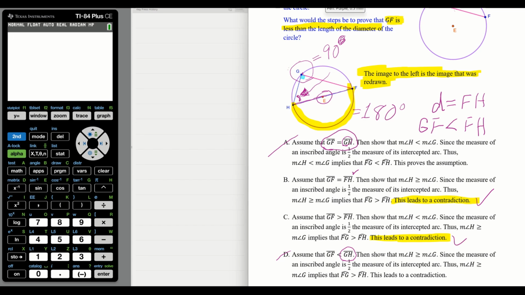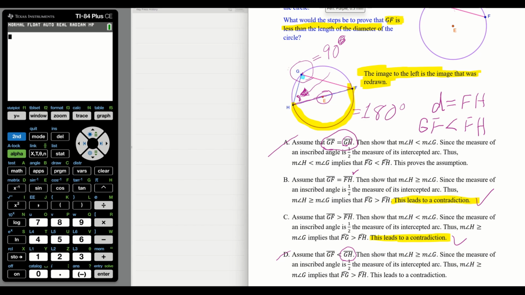In between, we have to read and see if we find anything that trips them up, shows something incorrect. So let's look at B. Assume that, we already said that's true. Then show that the measure of angle H is greater than G. We could show that, since the measure of the inscribed angle is 1/2 the measure of its intersecting arc.